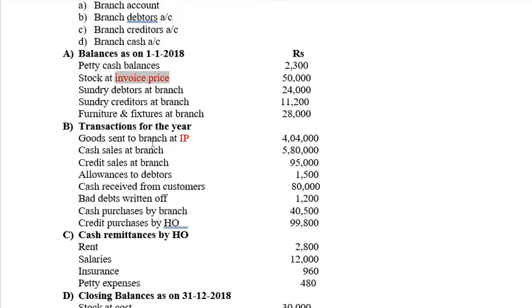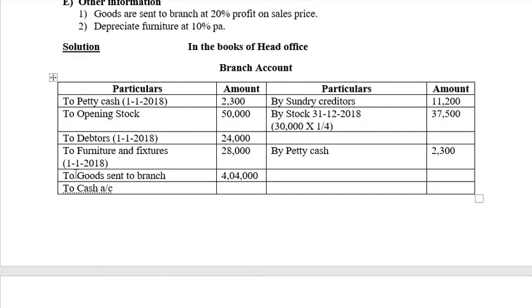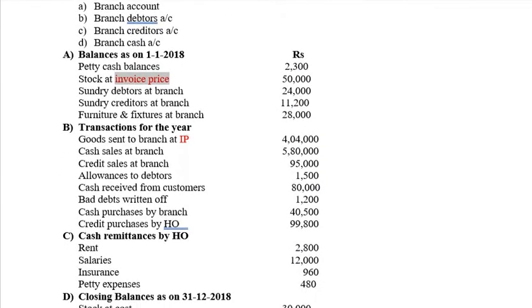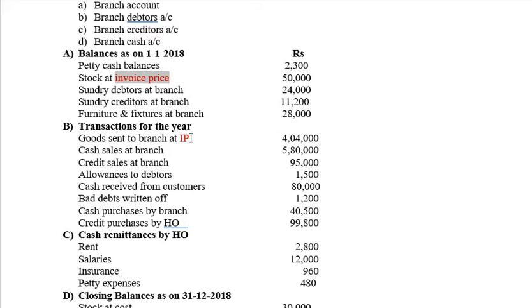Now goods sent to branch at IP is 4,04,000. Where will this entry be? It goes to the branch account, to the debit side. So to goods sent to branch, 4,04,000. Clear? Next entry regarding IP, that is loading, we will check at the end.